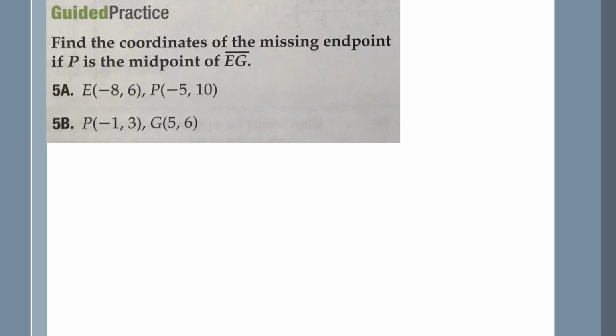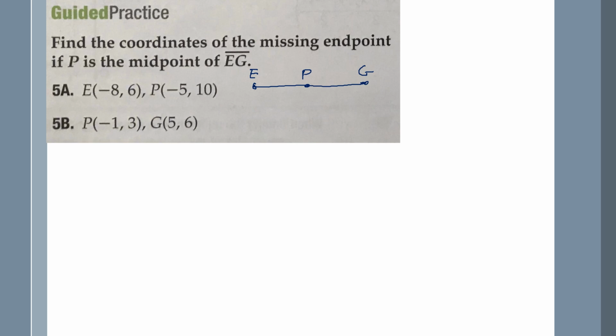Okay. So let's do that first one here. So P is the midpoint. If we draw a picture here, P's here, and E is here, and we're looking for G. So G is going to be X, Y. We're going to look for the X value.